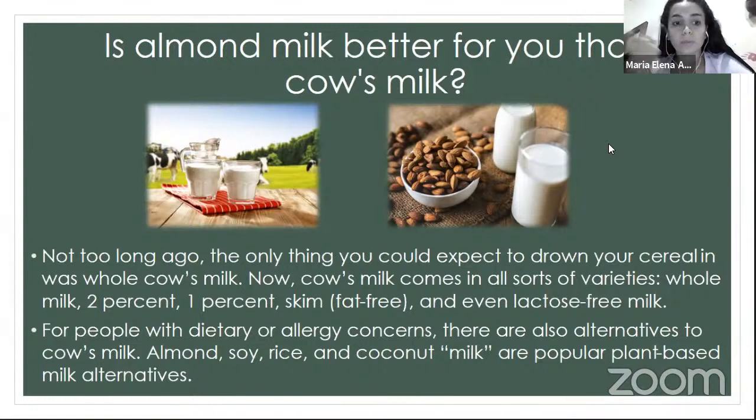And also for people with dietary or allergy concerns, there are alternatives to cow milk. There are almond, soy, rice, or even coconut milk. They are popular plant-based milk alternatives.